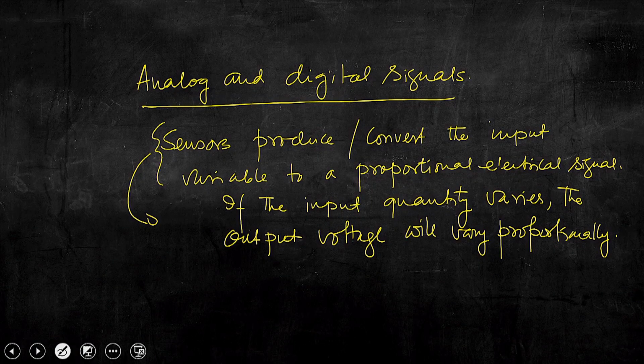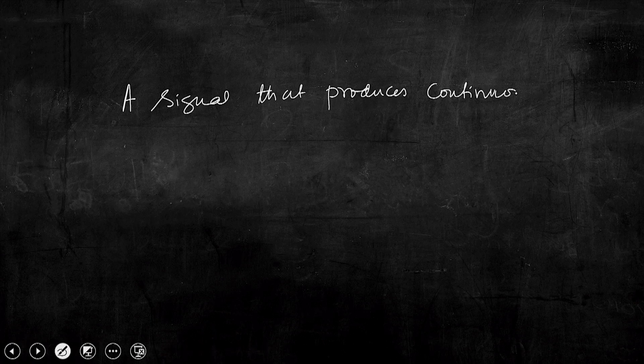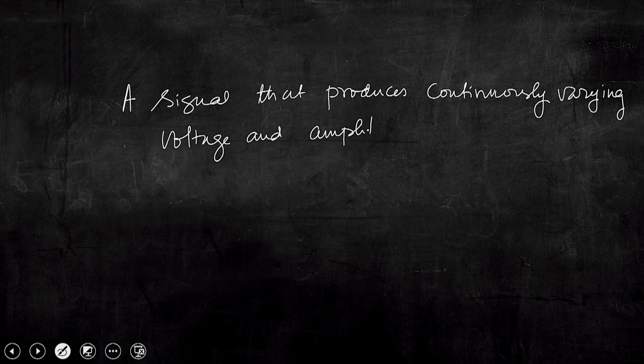A signal that produces continuously varying voltage and amplitude with respect to time is an analog signal.